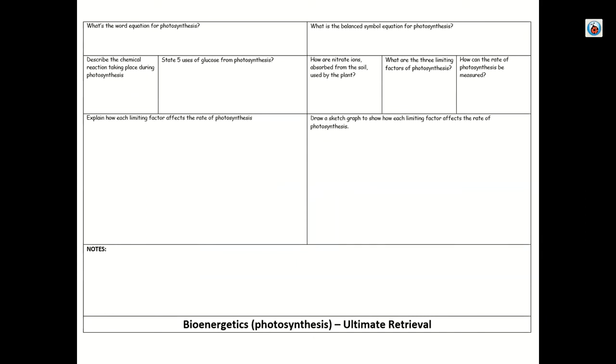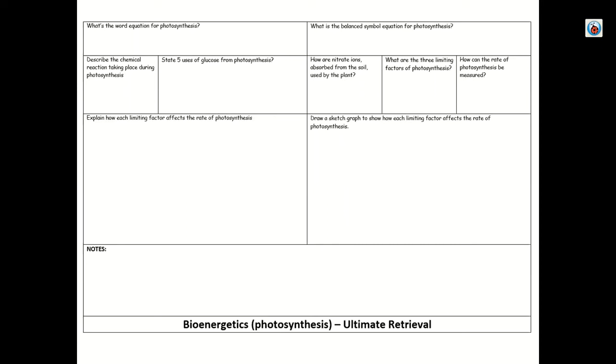The way I'd like you to complete this ultimate retrieval is any question where you definitely know the answer, can you mark in black? And any question where you're not sure of the answer and you need to look it up in your STB or in the notes you've made this week, can you do in red?